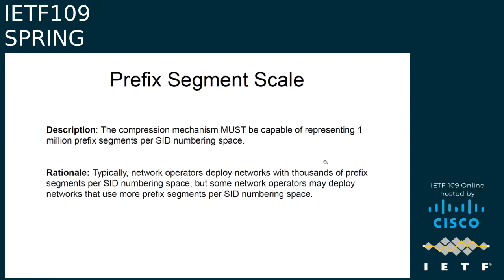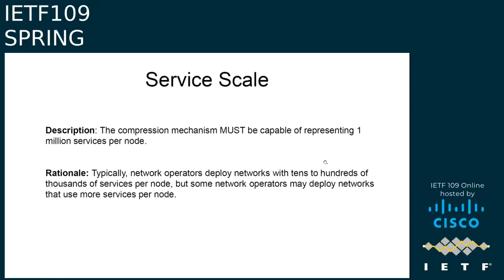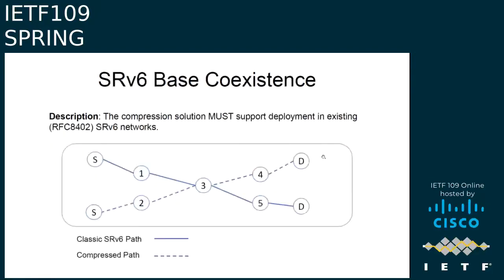Next. For the service scale, similar to the other two, the compression mechanism must be capable of representing 1 million services per node. Next page.